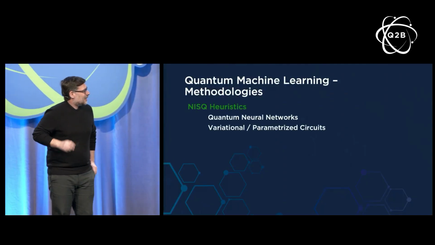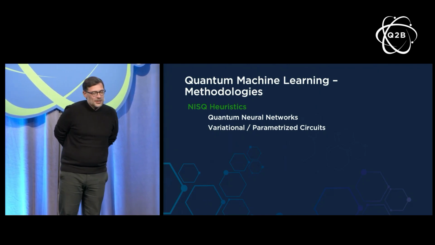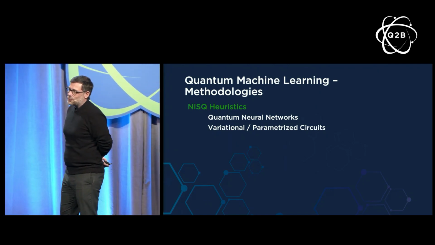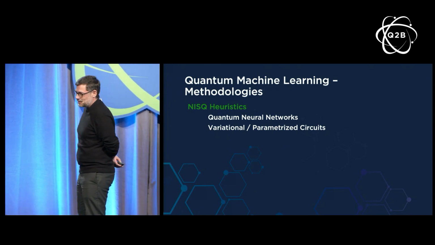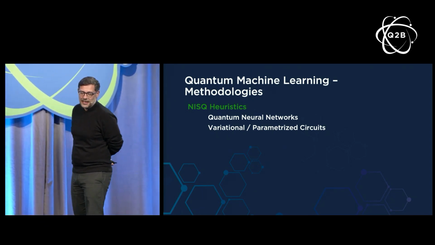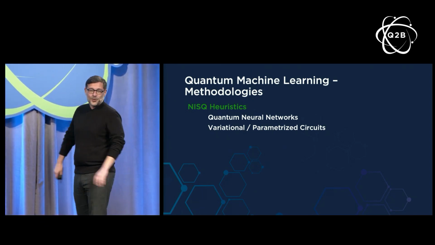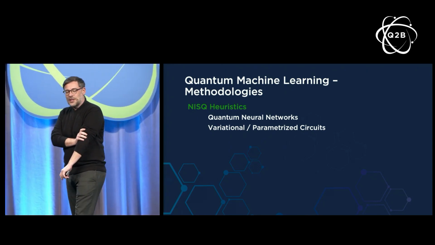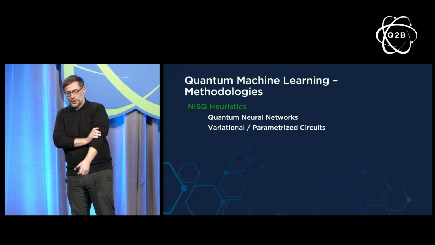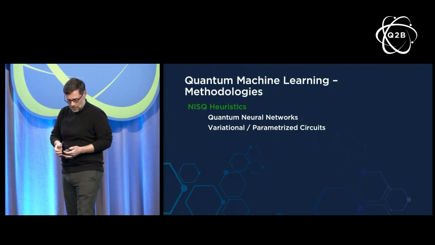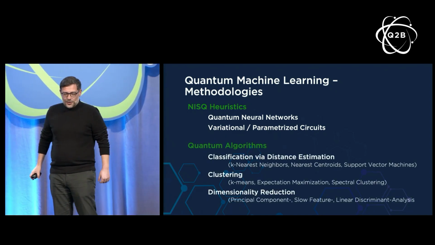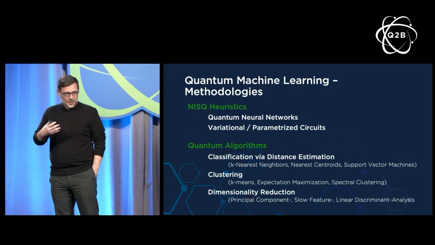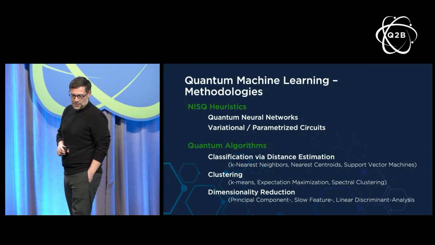And let me start also by saying that there are two different methodologies that one can use for quantum machine learning, the same way as for most quantum algorithms. The first one has to do with NISQ heuristics. Okay, so I will be talking mostly about quantum neural networks and this sort of parameterized circuits. Okay, and the second is quantum algorithms that, as we said, are a little bit more down the road.